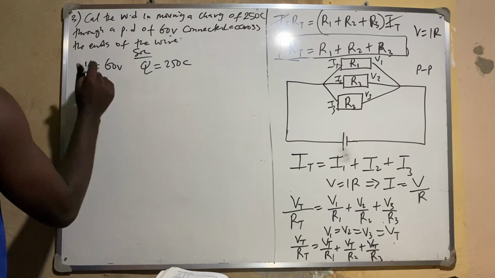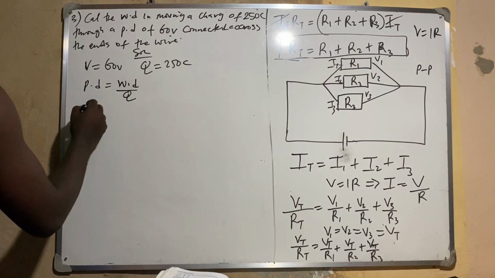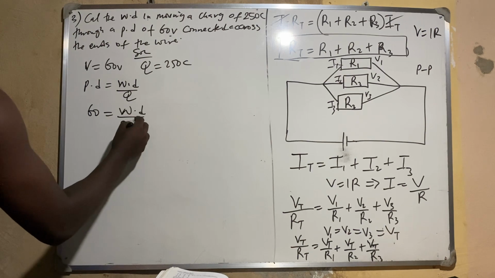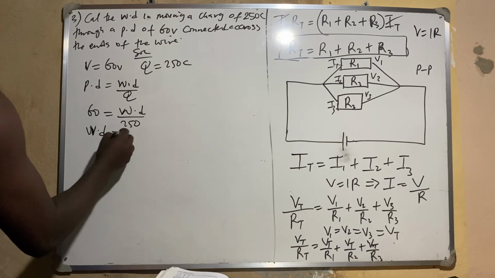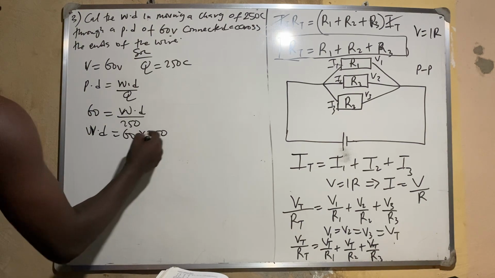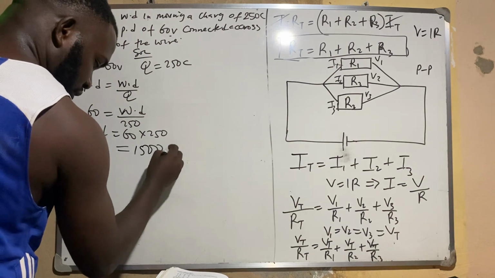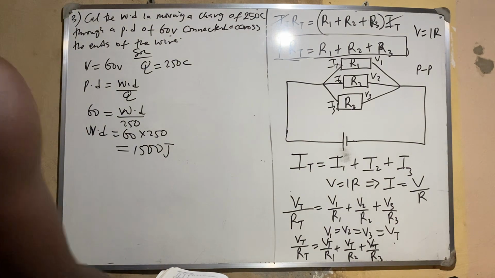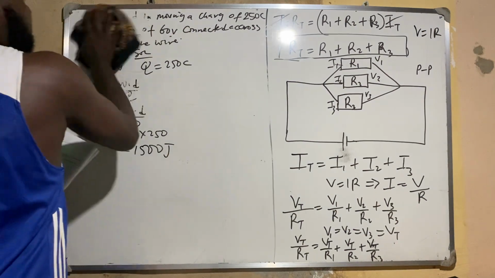So 60 is equal to work done over 250. So my work done is 60 times 250, which gives you 15,000 joules, because work done is measured in joules. All right, so the next question, question number 4.